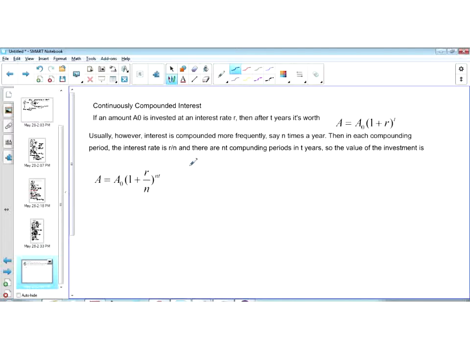Most financial institutions do that these days. So if we let n go to infinity, then we'll be compounding interest continuously.